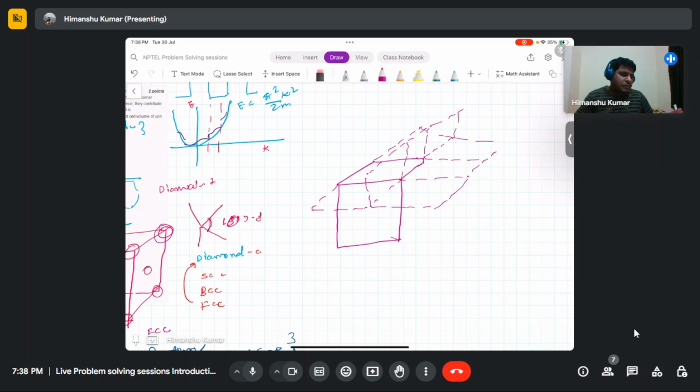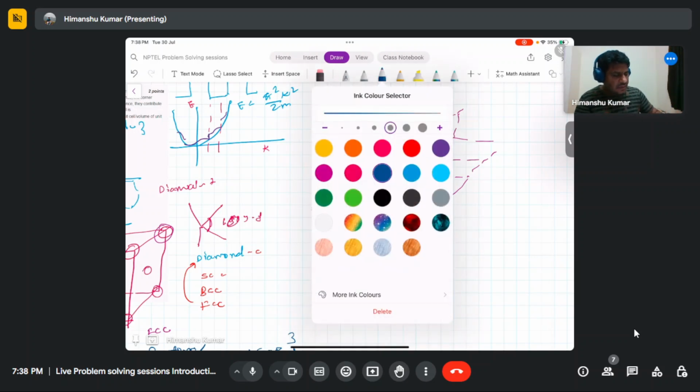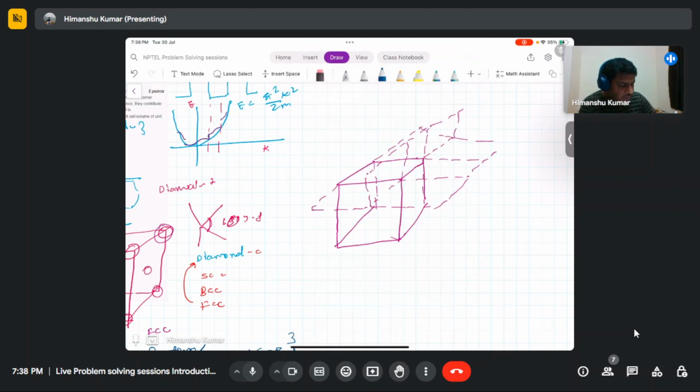So now let's say this is one of the unit cells, and this unit cell will be repeated in the crystal. If I make the other unit cell similar, there will be a unit cell just near to this. Just let me draw it.